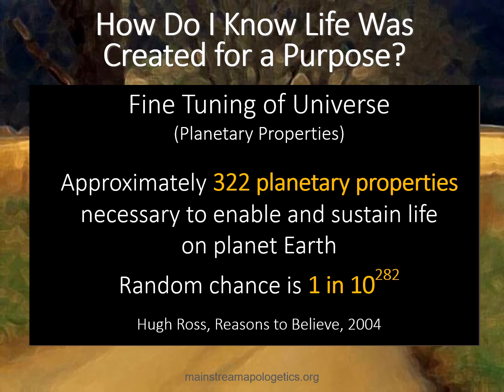He determined that the probabilities of these properties coming about by random chance without the guidance of God is 1 in 10 with 282 zeros after it. Ross's conclusion was that while theoretically possible, it's practically impossible without the intervention of God's guidance.